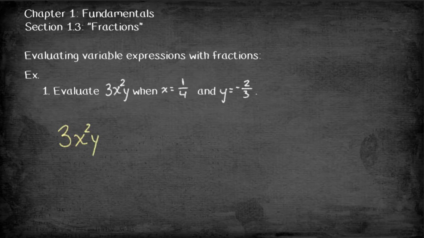So we have 3x squared y, and we're evaluating it at x equals 1/4, y is negative 2/3. To do this, we are going to simply replace the x's with a fourth and the y's with negative 2/3.